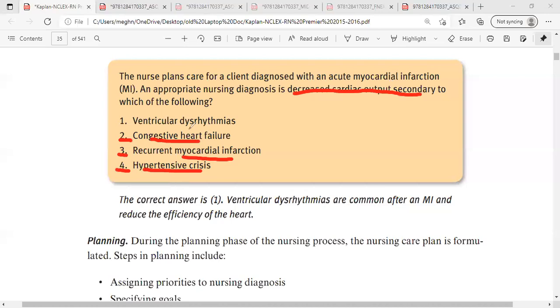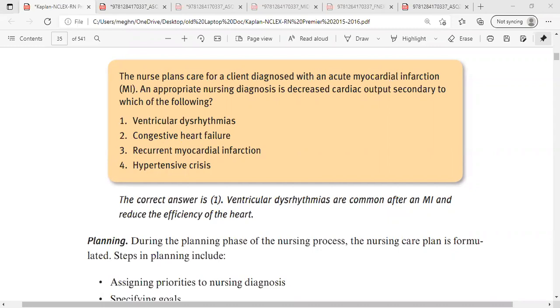But this question is about the pathophysiology of decreased cardiac output because of ventricular dysfunction. Ventricular dysfunction is common after MI and reduces the efficiency of the heart.